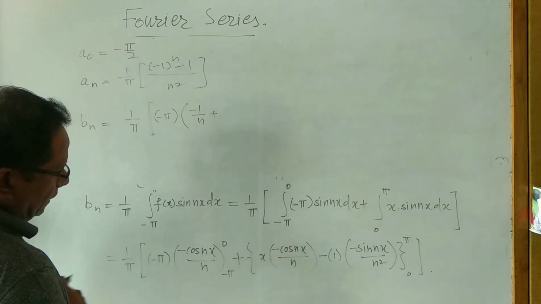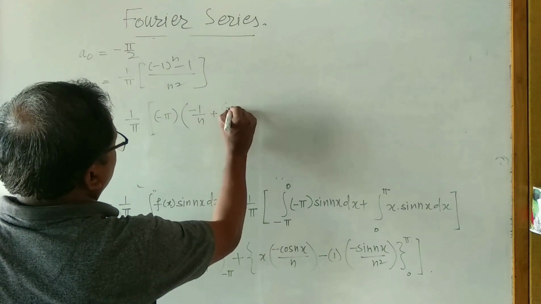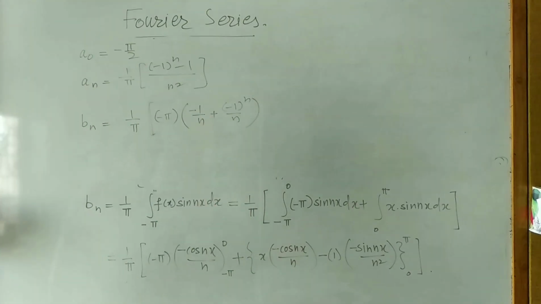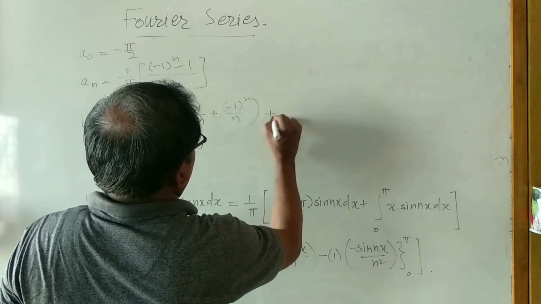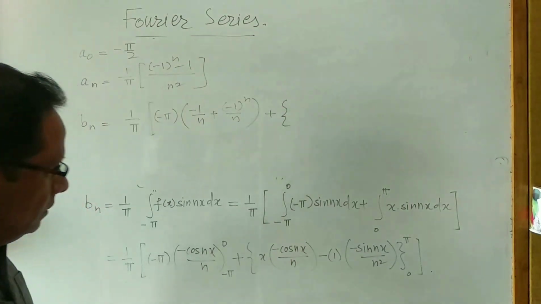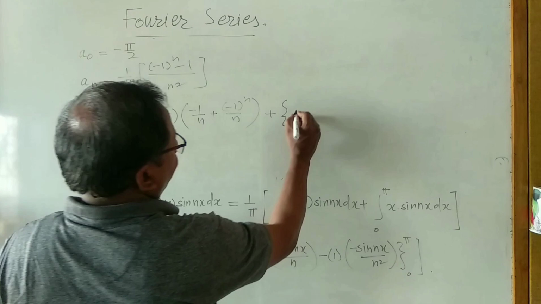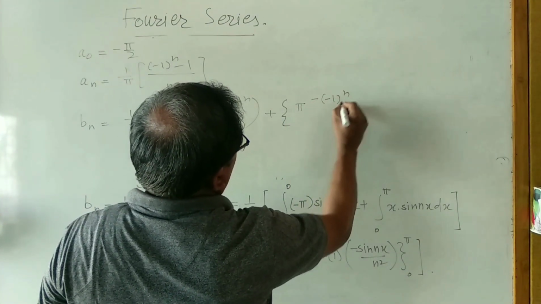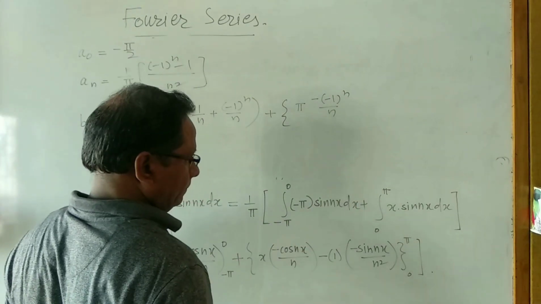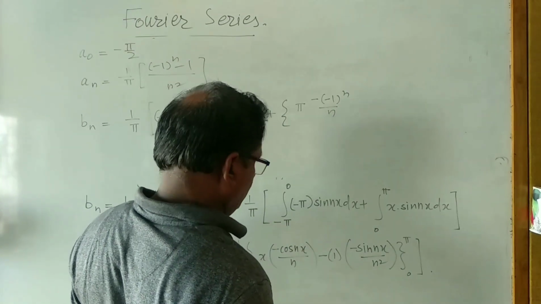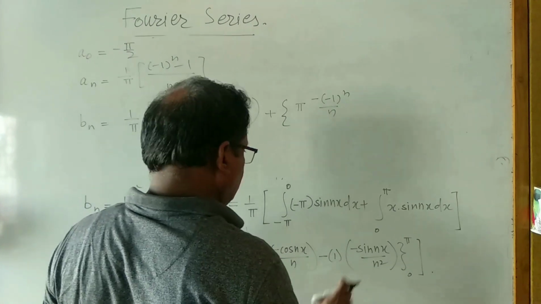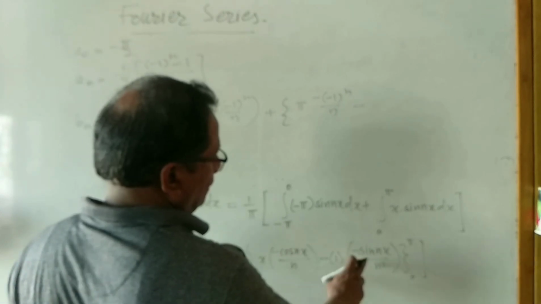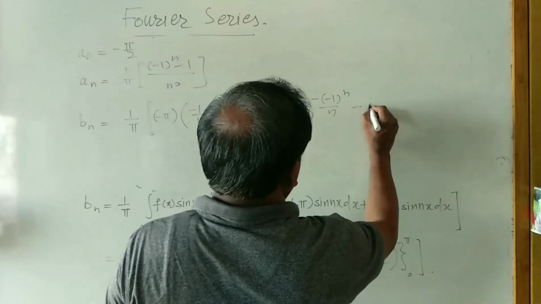Cos of n of minus pi means cos n pi is minus 1 raised to n upon n. Here when I put the upper limit pi, cos of n pi is minus 1, so minus of minus 1 raised to n upon n, and minus and minus will become plus. Sin of n pi is 0, so this term vanishes. Minus lower limit: when I put x equal to 0, sin of 0 is 0, so the lower limit is 0.